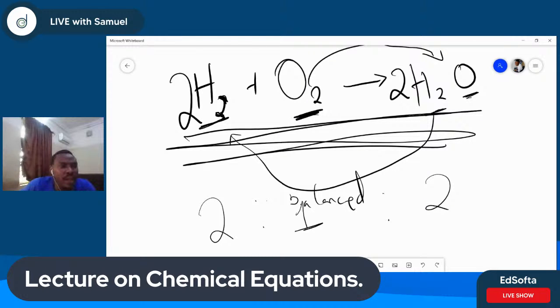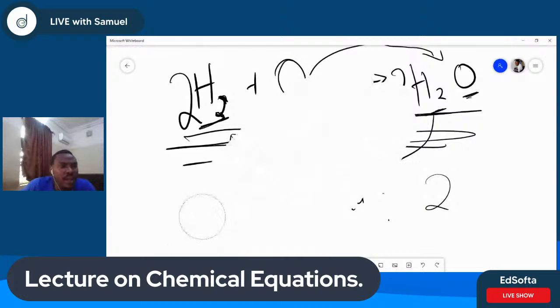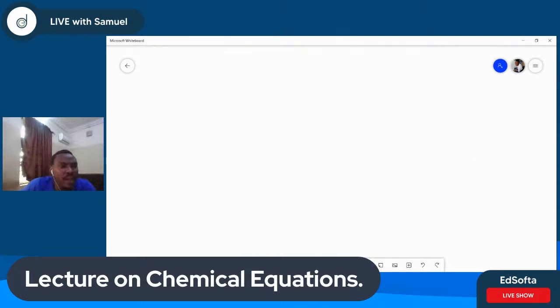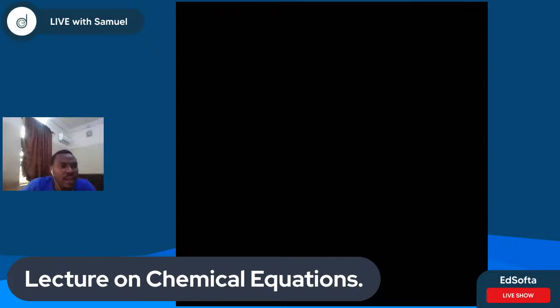It makes it easier for us to synthesize this reaction in a lab, because we now know that for this reaction to occur, there has to be twice the amount of hydrogen, as you can see, that it is 2:1. So let's go back to the slide so that we can continue.